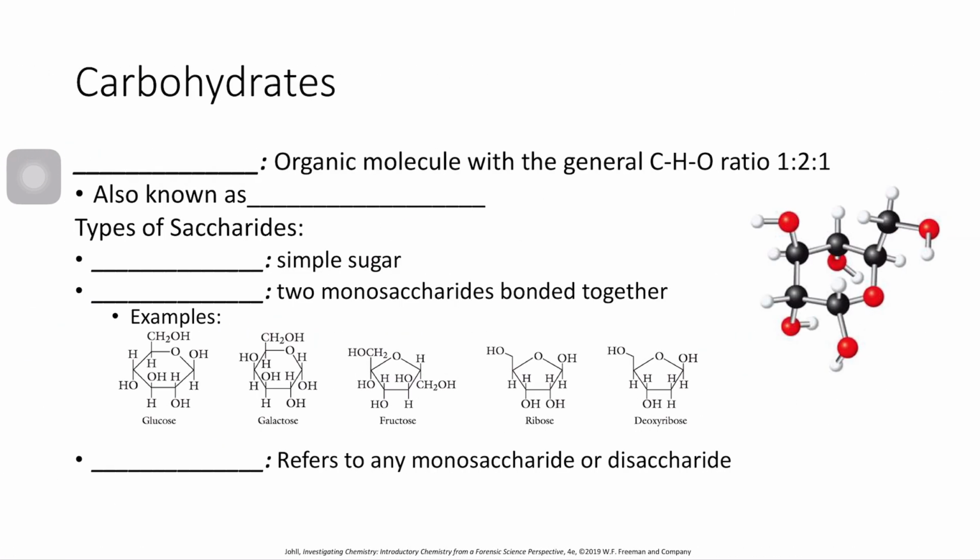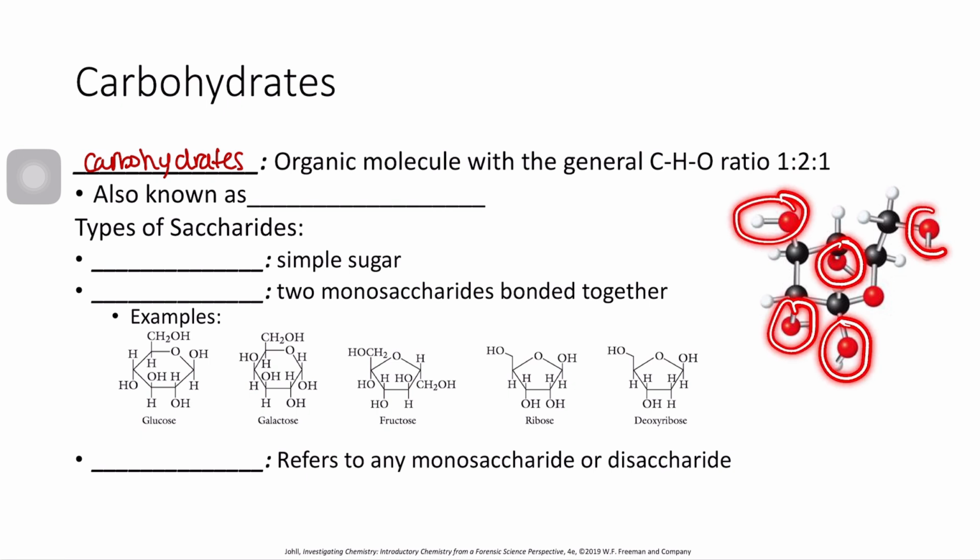Another type of biomolecule is a carbohydrate. Carbohydrates contain only carbon, hydrogen, and oxygen, and they have the general ratio of one carbon, two hydrogens, and one oxygen. When you have a molecule that has a bunch of these OH groups on almost every single carbon within this ring, then that is called a hydrate.